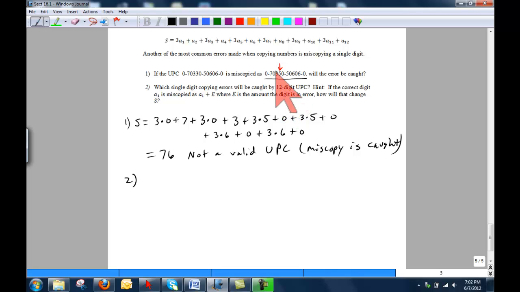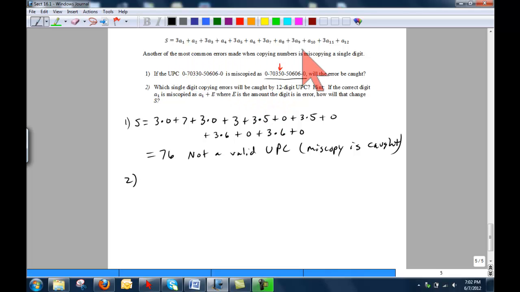So here is one that was. If this 3 were changed to a 5, we caught that error. Is it possible that we could miscopy one of the other digits in some other way and that error would still be able to slip through the computer scanner? Let's just talk about a mistake in the first digit.